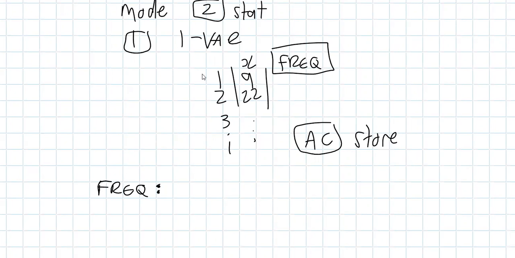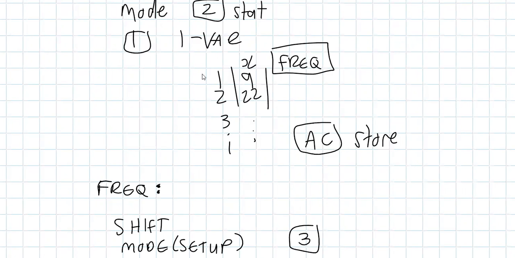So press shift, then setup. Shift and then mode is the setup on your calculator. Then scroll down until you see number 3, which is stat.